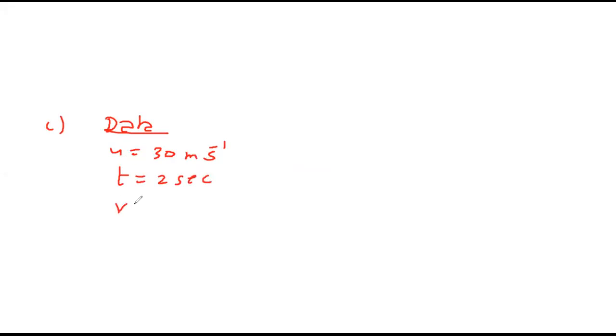So in 2 seconds, v becomes 0. By applying a force of 1500 Newton through its brake, calculate the change in momentum. See, this triangle means change, momentum means mass into velocity. Also the retardation produced in the car.